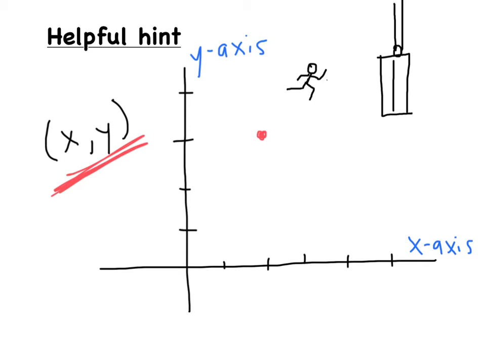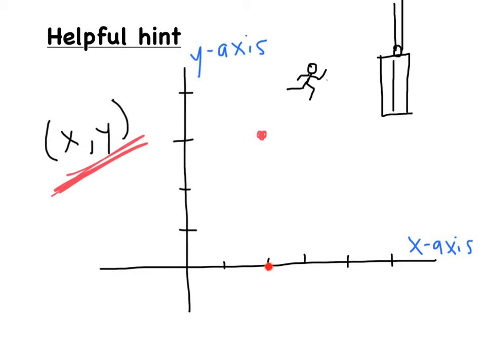So, from here, you always have to go left or right to get into the elevator. And then with the elevator, which way does the elevator go? The elevator either goes up or the elevator goes down. In this case, the elevator goes up to the point or down to the point. So, if we start over at the origin, we have to go towards the point. It looks like we're going to the right to get into the elevator.